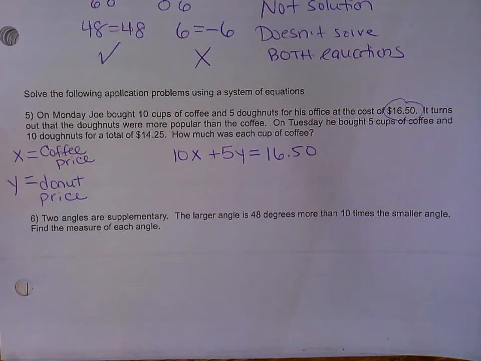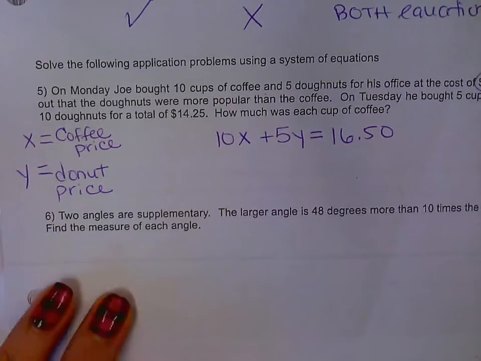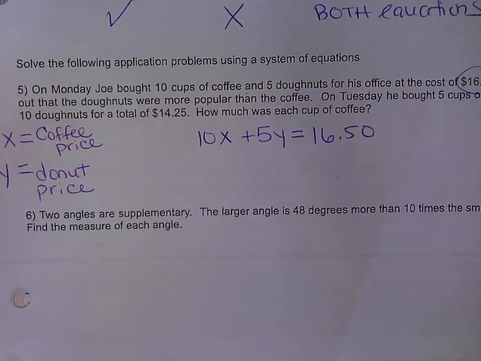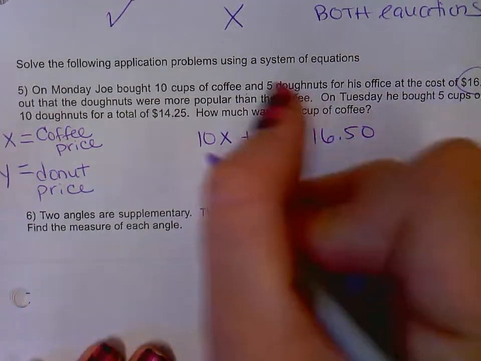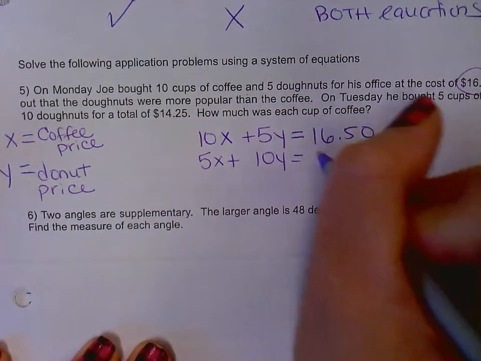See if you can put Tuesday into an equation the same way, and this will be a perfect elimination problem with a calculator because there's some decimal stuff. Try doing elimination on your own. Your Tuesday equation should just be flip-flopped, right? 5x plus 10y equals 14.25.